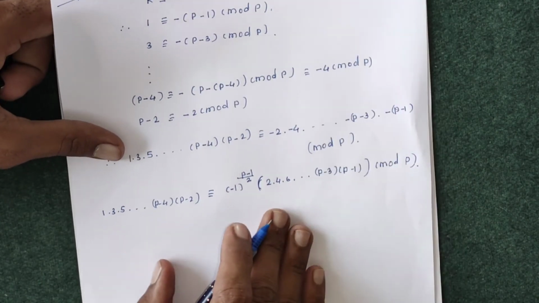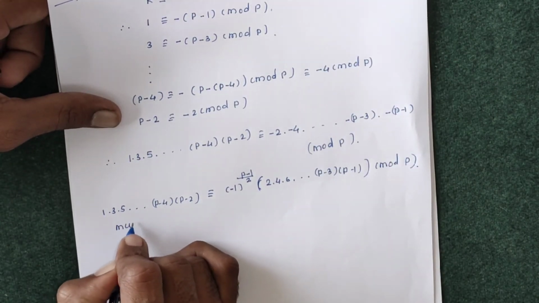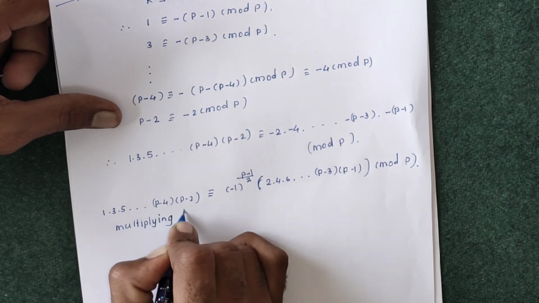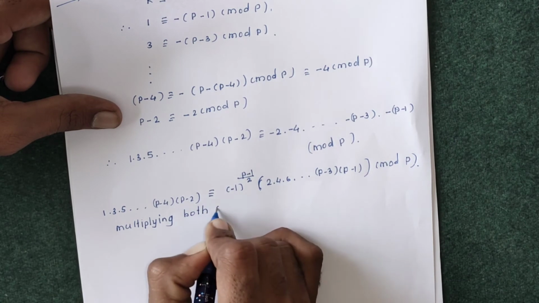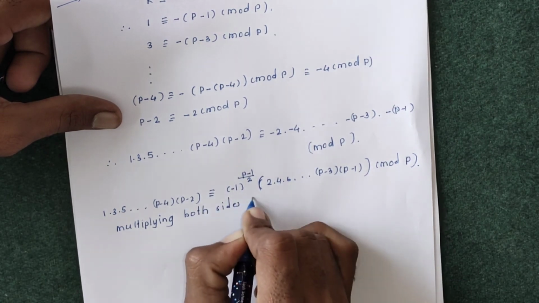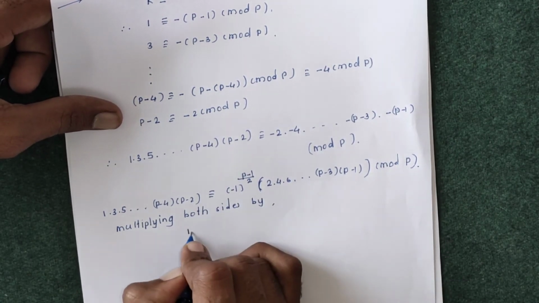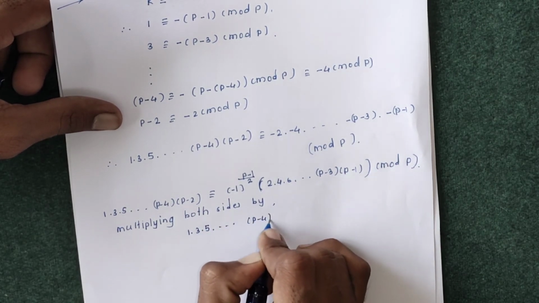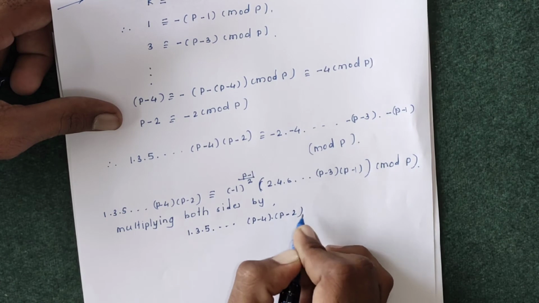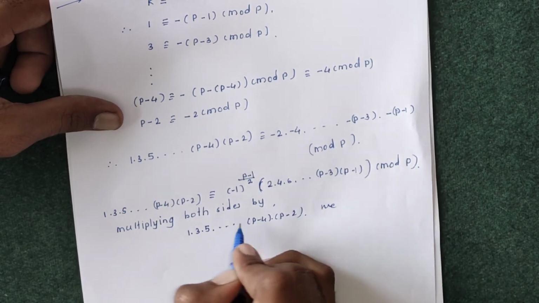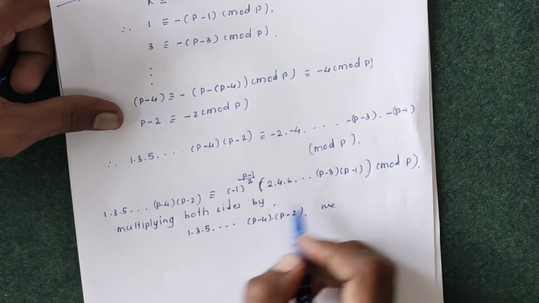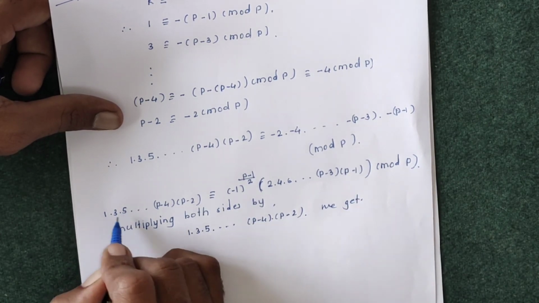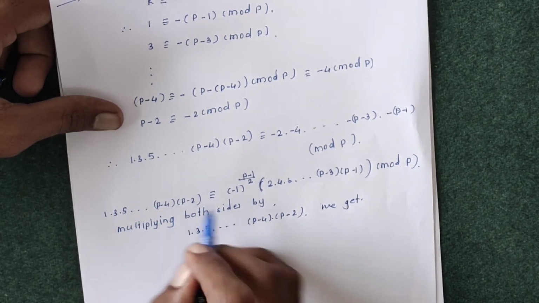Now multiplying both sides of the congruence by 1 into 3 into 5 up to p minus 4 into p minus 2, we get 1 into 1, that is 1 square, 3 into 3, 3 square, 5 into 5, 5 square, similarly (p minus 2) square.